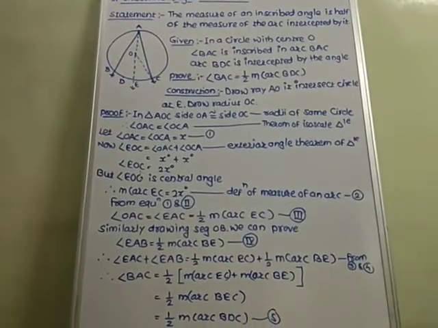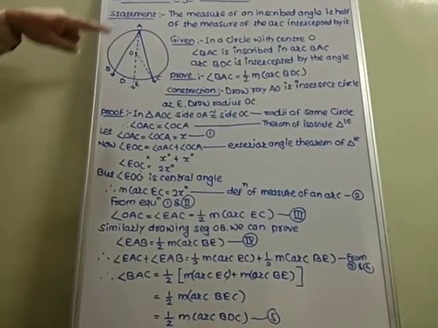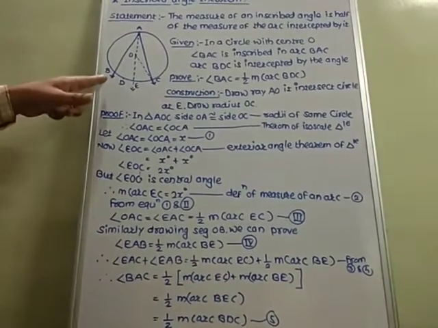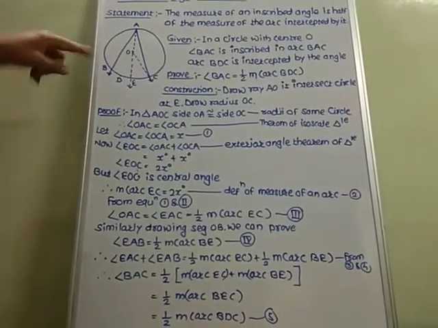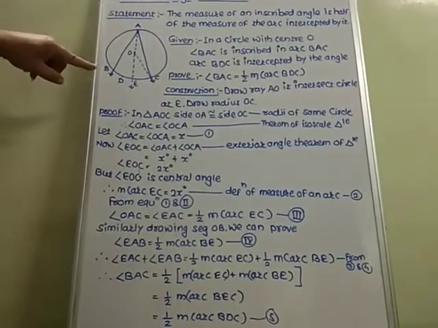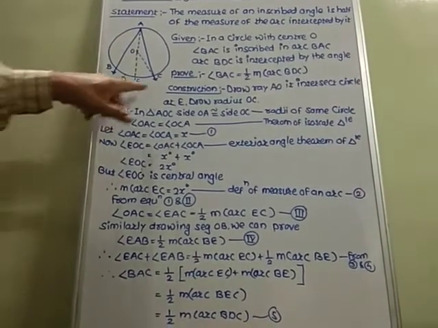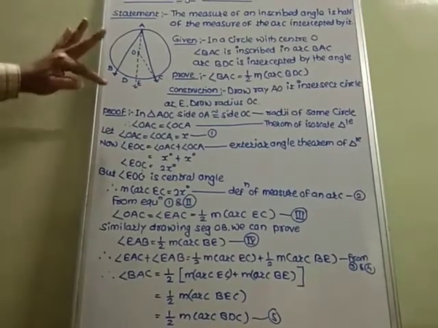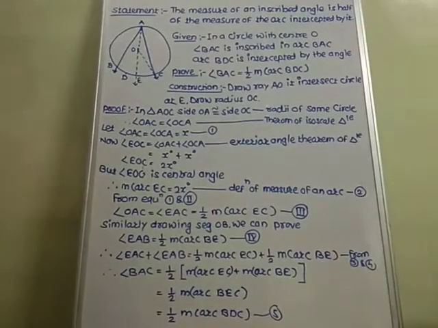Then what is the statement? The measure of an inscribed angle, BAC is the inscribed angle, is half of the measure of the arc intercepted by it, BDC is the intercepted arc. The measure of BAC is half of BDC. What is given?